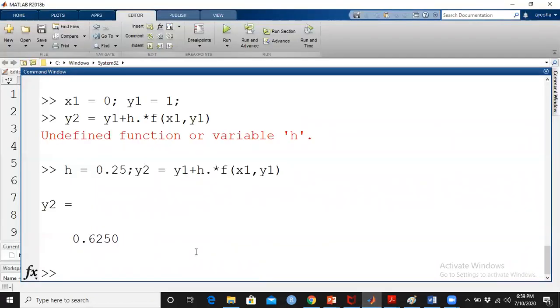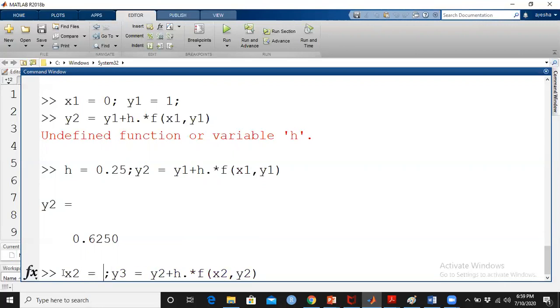Now let us go to y3. So let me write the formula here. Let us make it the standard formula. I will say h, and then y2, and x2. x2 is, let me mention it, otherwise I will get the error.